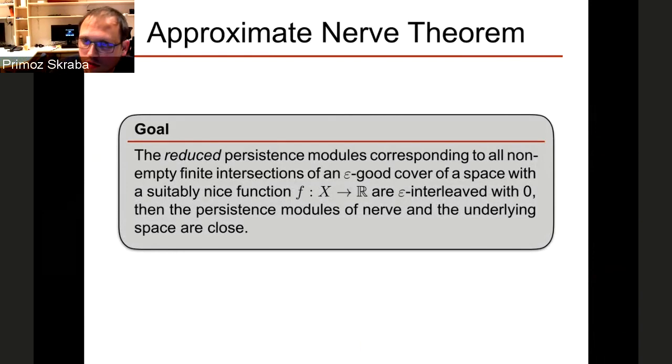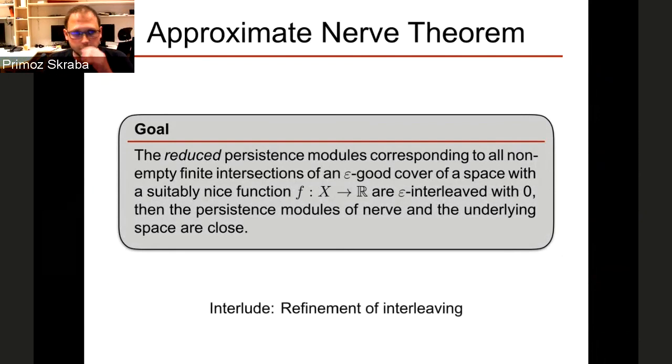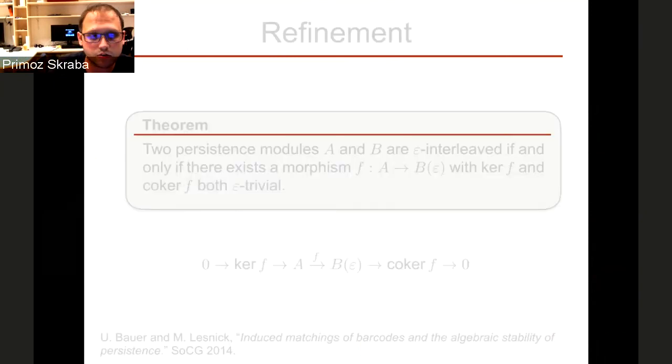Okay, so before we get to how we do this, I want to do a slight interlude in terms of a refinement of interleaving. The reason is, I think if we think of interleaving in a slightly different way, the proof actually becomes much, much cleaner. So what is this refinement?